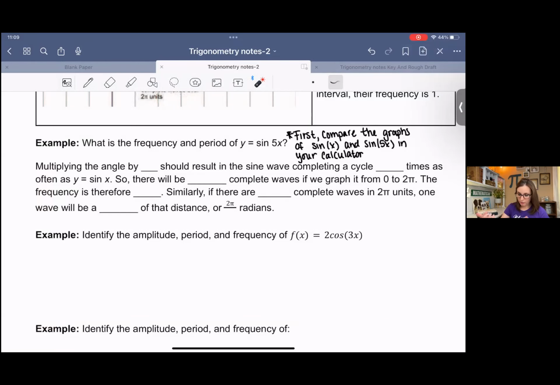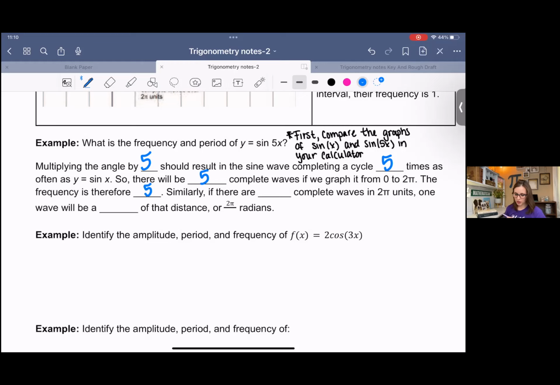Multiplying the angle by 5 should result in the sine wave completing a cycle 5 times as often as sine of x. So there will be 5 complete waves between 0 and 2 pi. That means that the frequency is 5.